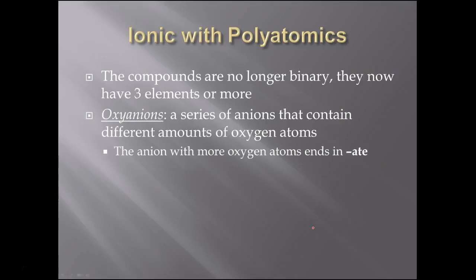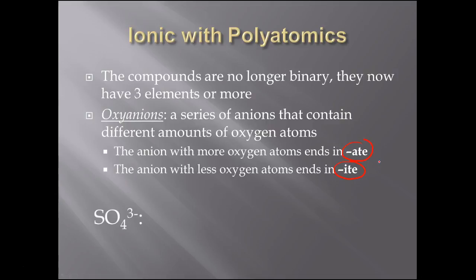The anion that has more oxygen atoms, we are going to change that ending to -ate. And the anion with less oxygen atoms, we are going to change that ending to -ite. So you're going to need to know the different possible oxyanions for each series to know when to use -ate and when to use -ite.